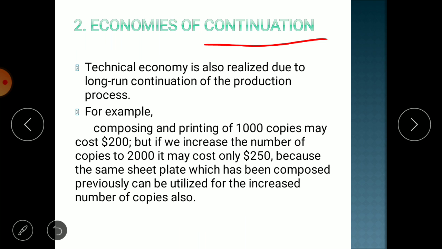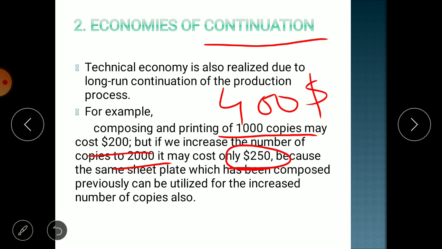Here the example of newspapers is given: if you are producing 1000 copies, your cost of production is $200. According to this, if we produce 2000 copies, our cost of production should be $400. Yes or no? But our cost of production is only $250.